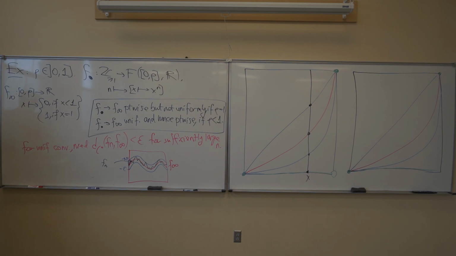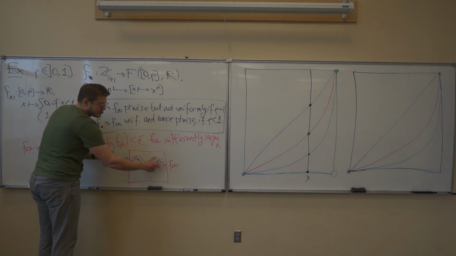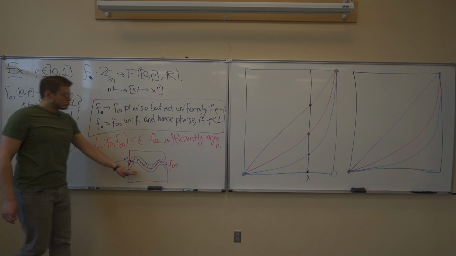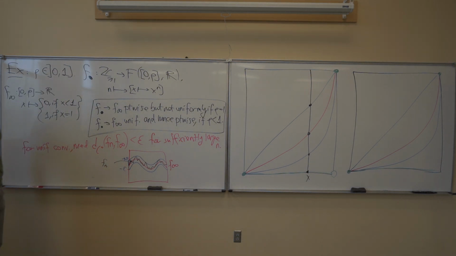That's the point. But no matter how it changes, I want it to be stuck in this epsilon ribbon. And this works in higher dimensions too, but for us it's not going to be that important. This is already too complicated, as you see. Understanding the space of continuous functions of a single variable is already sufficiently complicated.